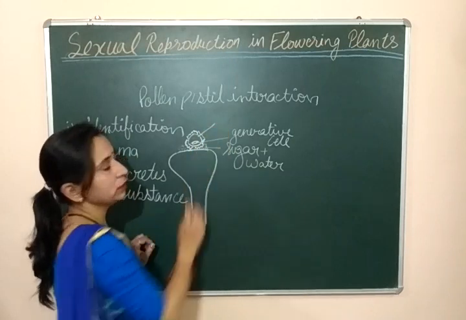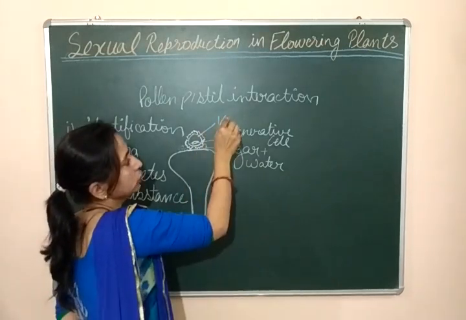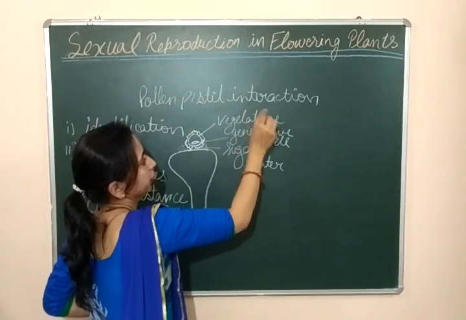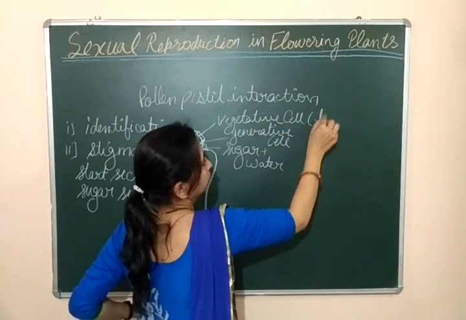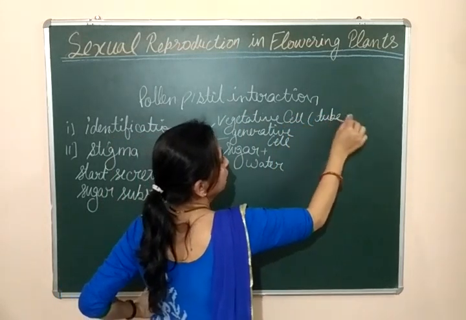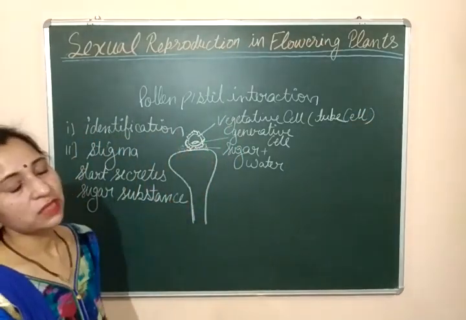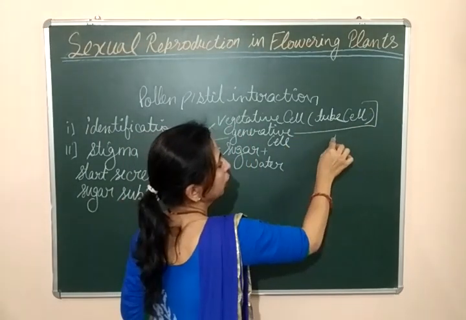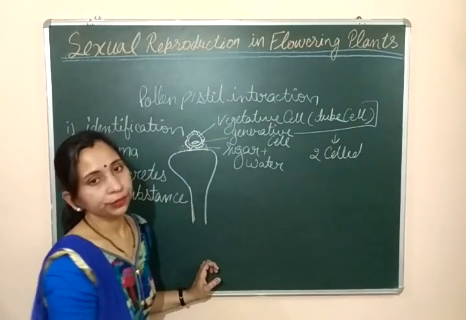And this larger size cell in which the generative cell floats is known as the vegetative cell, or tube cell. We can call it tube cell also. This is the two-celled stage. These two cells combinedly form the two-celled stage of the pollen grains.